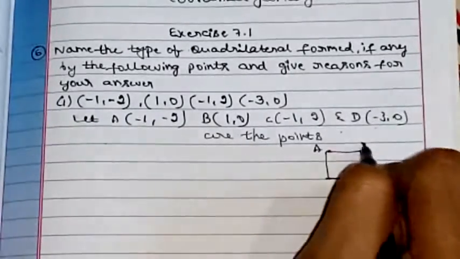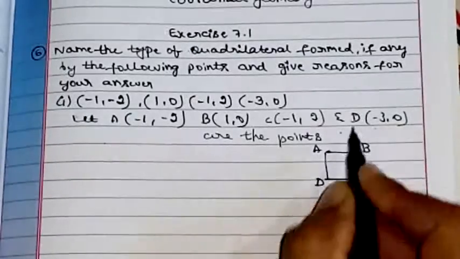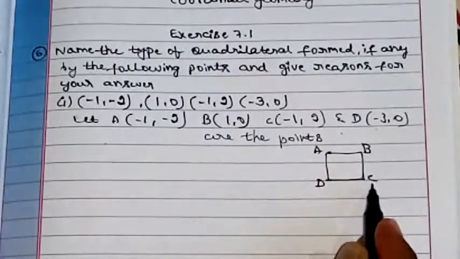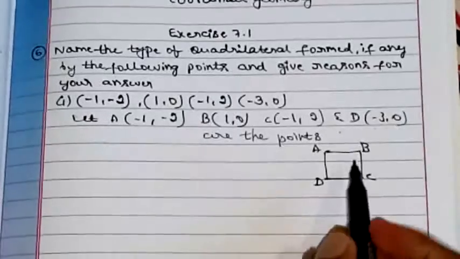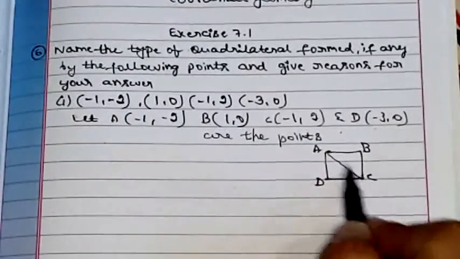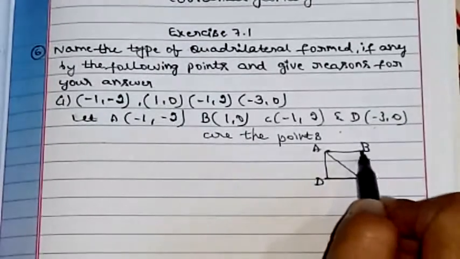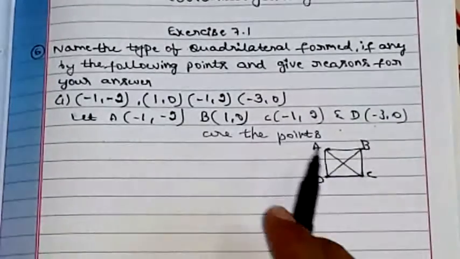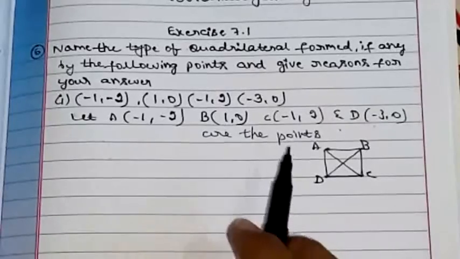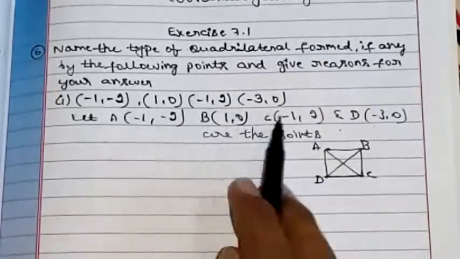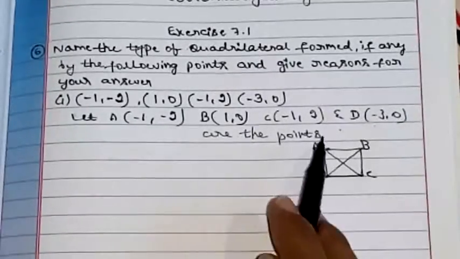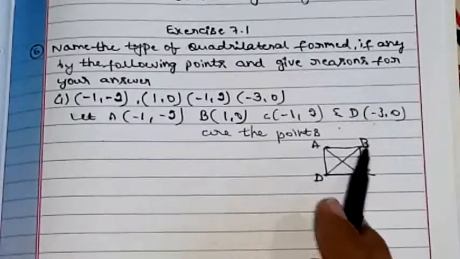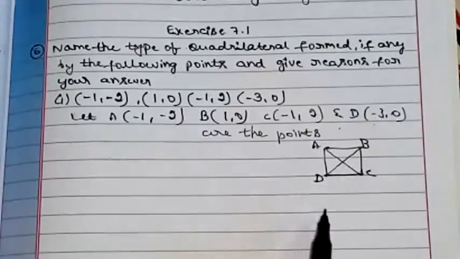If it is a quadrilateral ABCD, find the distance between AB, BC, CD and DA, and afterwards find the diagonal distance between A and C, and also the distance between BD. Then you can identify which type of quadrilateral this is, by taking these coordinate points and finding the distances.